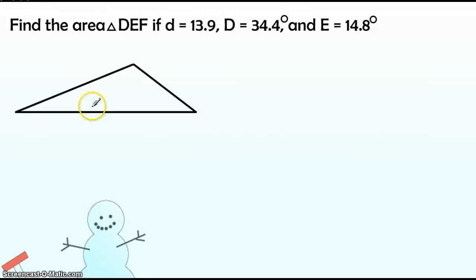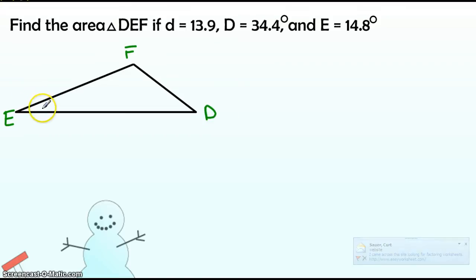So let's do an example of one of those. We've got find the area of triangle DEF, side D is 13.9, angle D is 34.4 degrees. If you'd like to change that to minutes and seconds, you can. And angle E is 14.8 degrees. So let's put some letters down. So let's call this E, F, and D to make it a little bit more realistic.